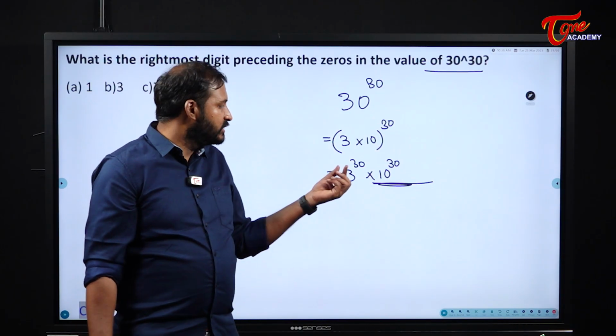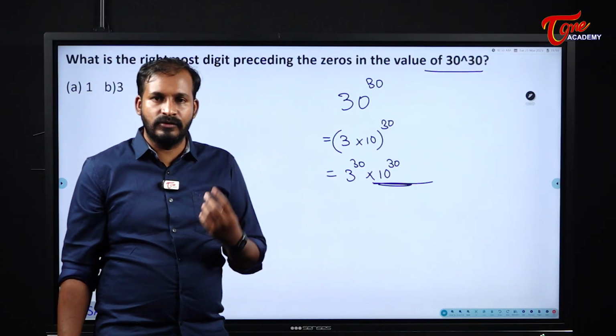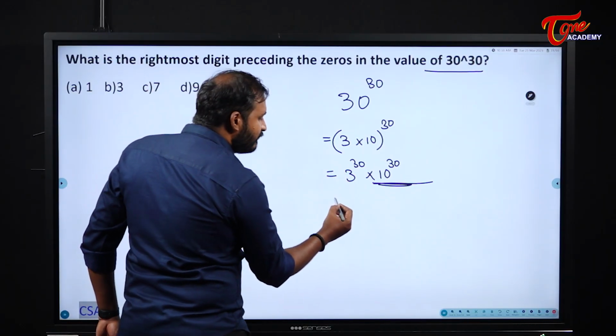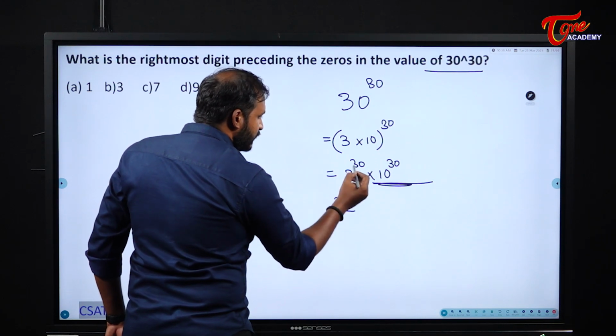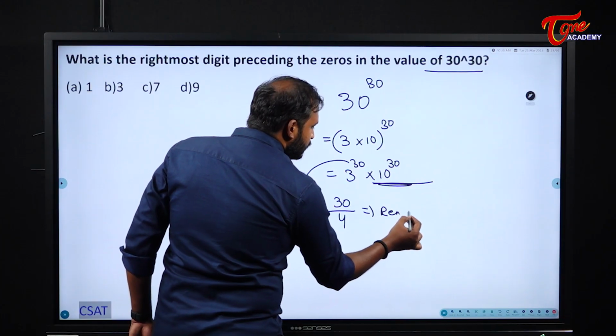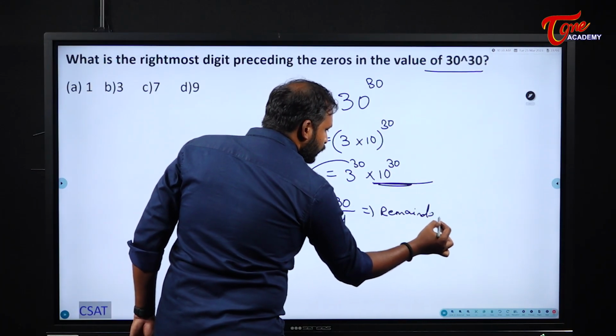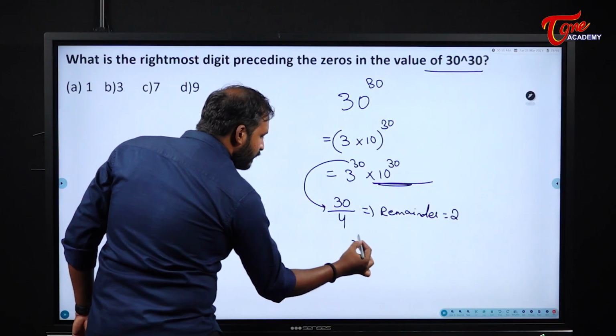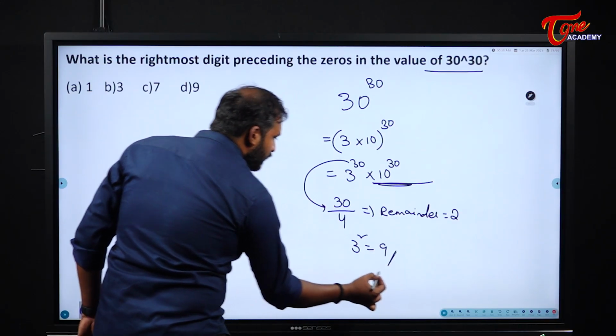For 3, how many chances will we have? 4 chances. Because of that I will divide the power 30 by 4, and the remainder which we will get here is 2. So what is 3 square for me? 9.